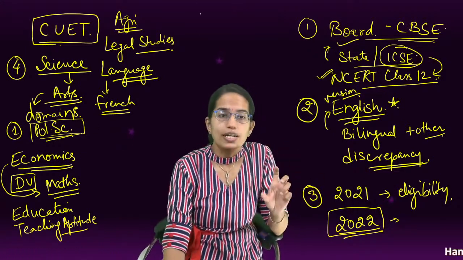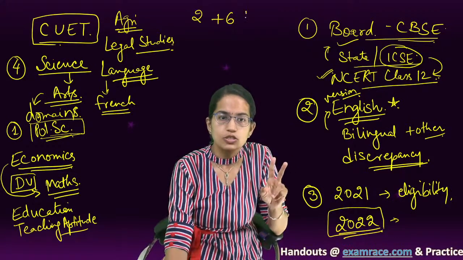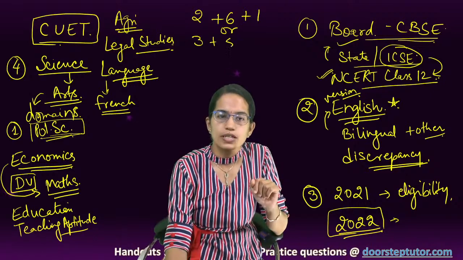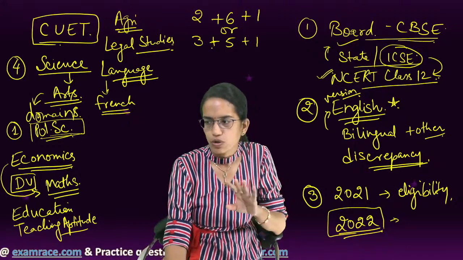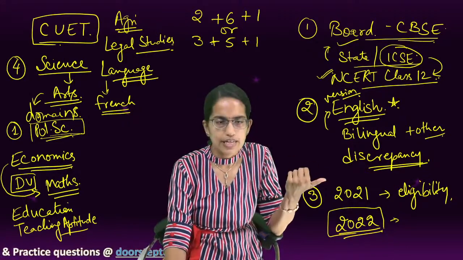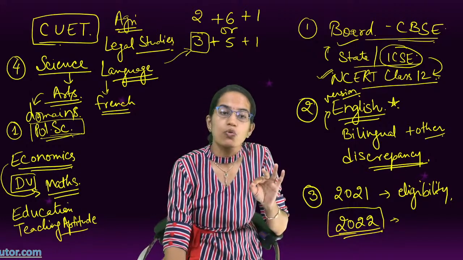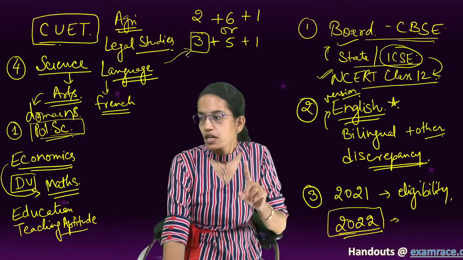So those are some of the guidelines. Now, broadly, the guidelines say that you can take 2 languages plus 6 domains plus 1 general test, or 3 languages plus 5 domains plus 1 general test. Now, 2 languages are compulsory for all the students, so just keep that aside in mind. The third language would be the language if you want to do your higher studies in languages.